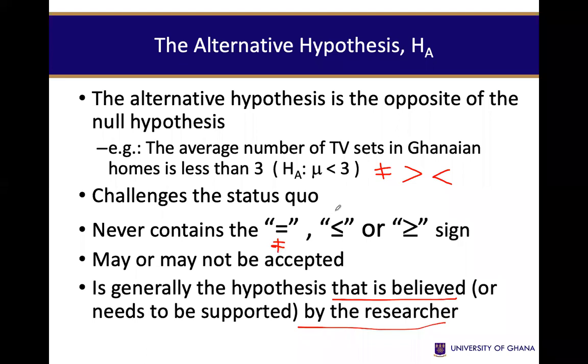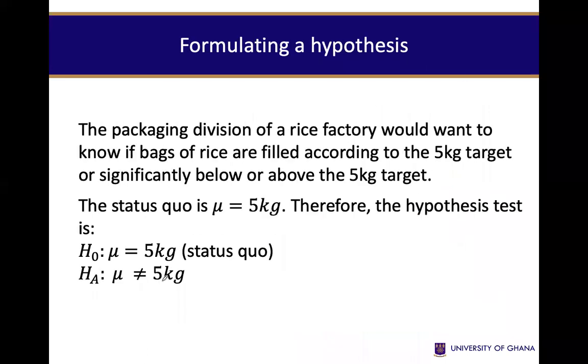Where the null hypothesis has a less than or equal to, its alternate hypothesis will have a strictly greater than. And if the null hypothesis has a greater than or equal to, its alternate hypothesis will have a strictly less than sign. So there are certain statements that we will check, and then you would know, and you can formulate.